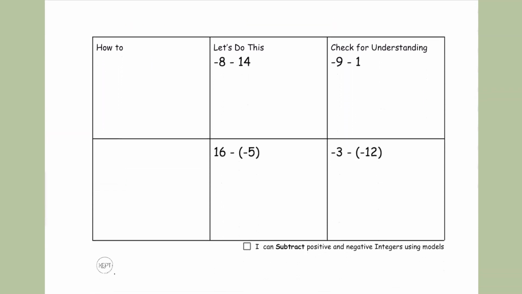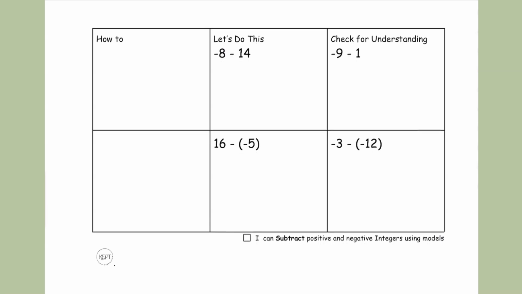Let's try a few more. Do you remember the steps to solving how to subtract positive and negative integers using models? I'm sure you do. The first step is to keep, change, flip. So whenever we start this problem, you can immediately write that in because we prefer doing addition problems. So I'll keep that negative 8. I'll change my subtraction to an addition, and then I'll change that positive 14 to a negative 14.